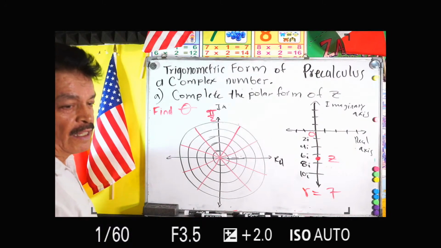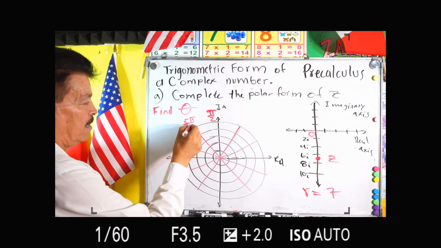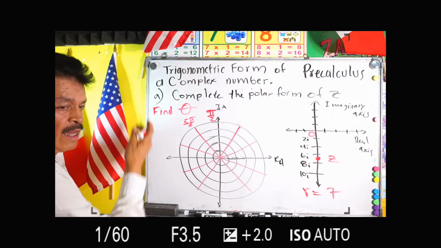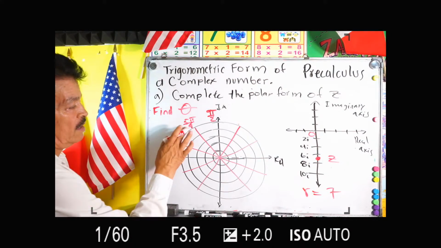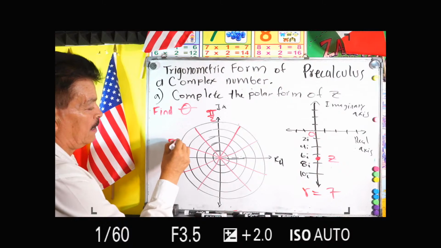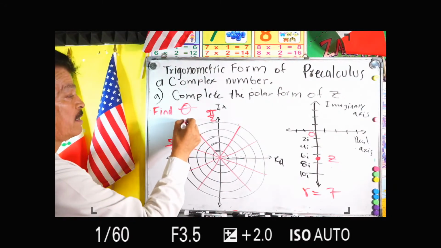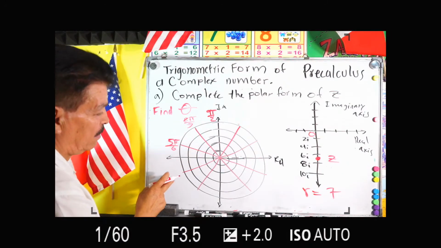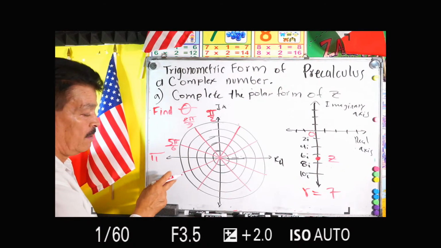This one is pi divided by 6. This one is pi divided by 3. It's 2 pi divided by 3. Here is pi, only pi.